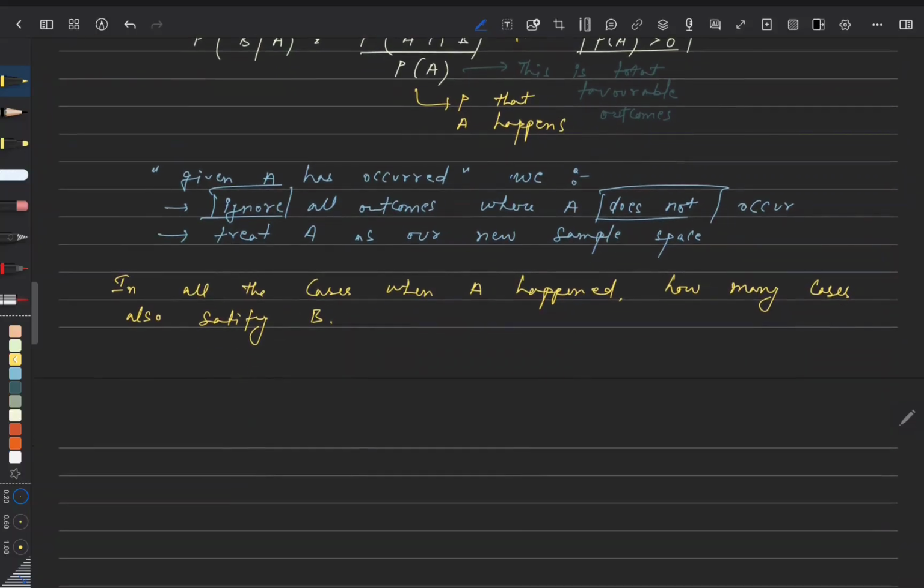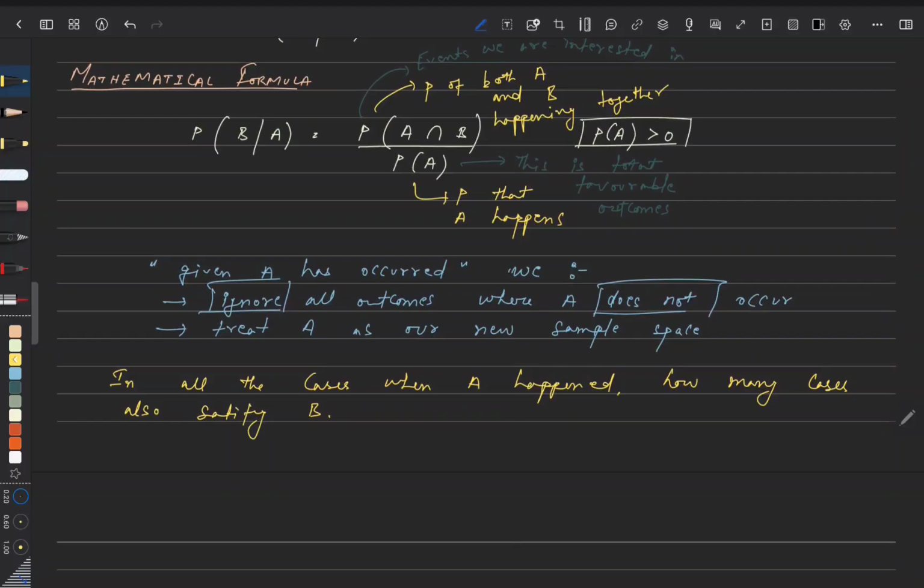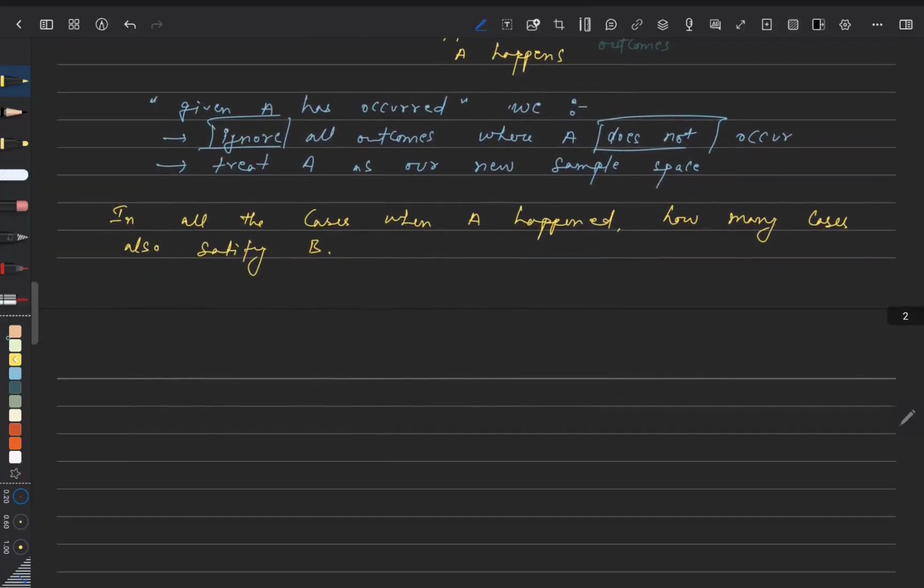Now, one question that you might be asking is, why is it P of A intersection B over P of A instead of simply P of B over P of A? Let us understand that.